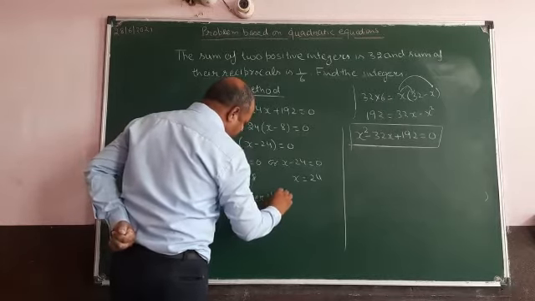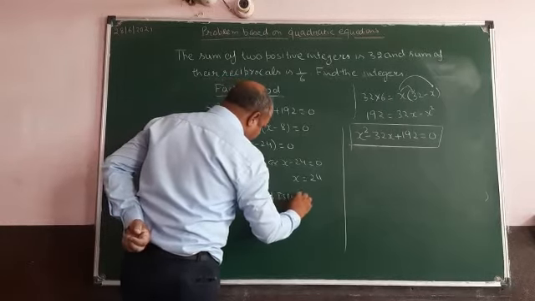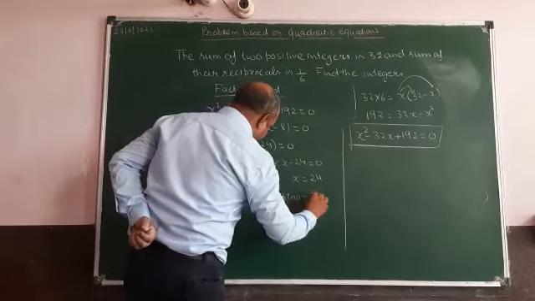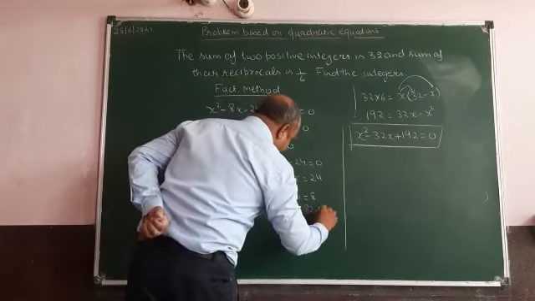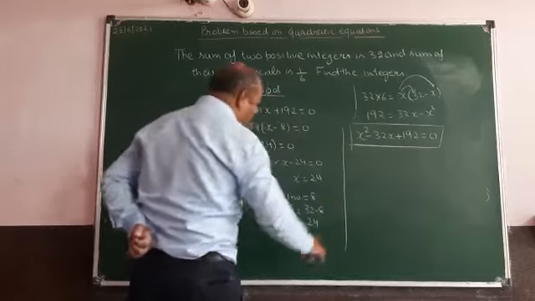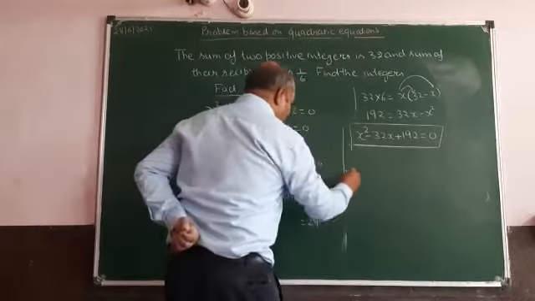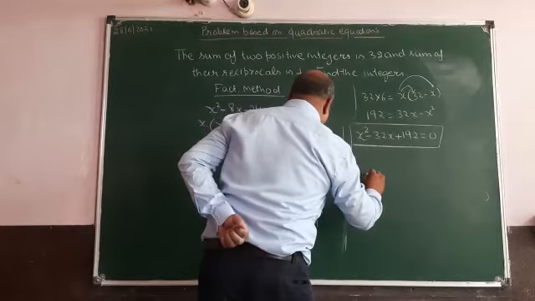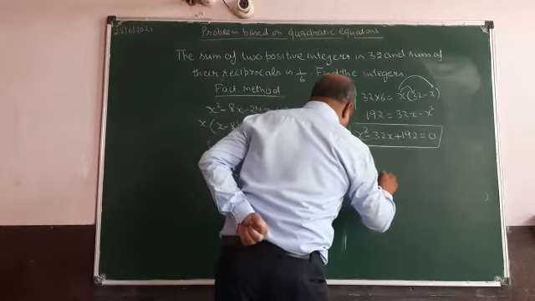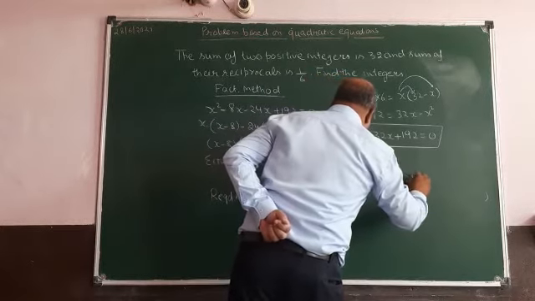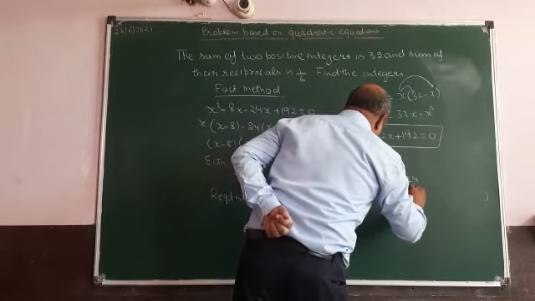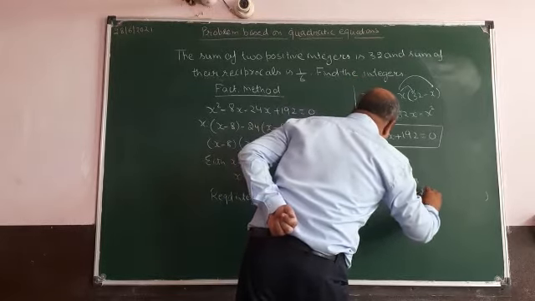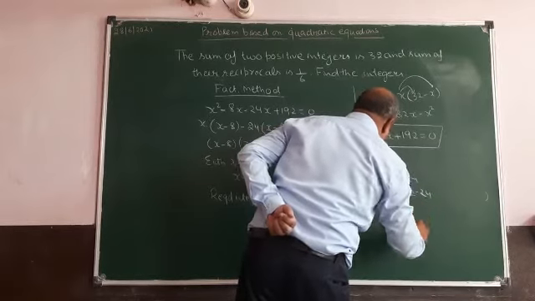Again, if the first number equals 8, then the second number is 32 minus 8, which is 24, or if the first number is 24, then the second number will be 32 minus 24, which is 8. So this is your answer.